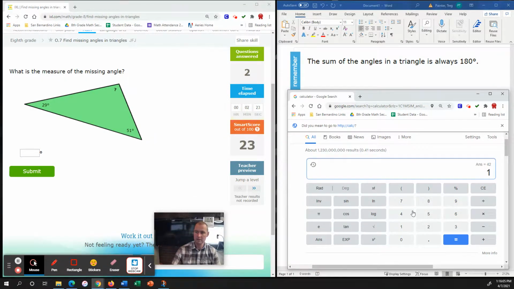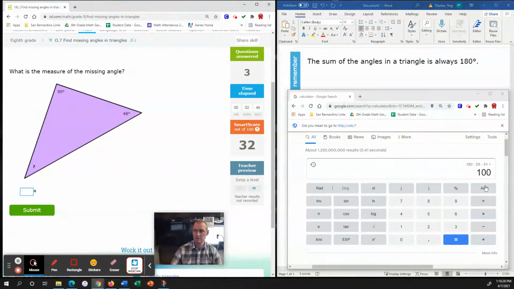So it continues. We have 180 degrees in all three angles, and 180 degrees minus 29 minus 51 takes us to the missing angle of 100. This is also an obtuse triangle.